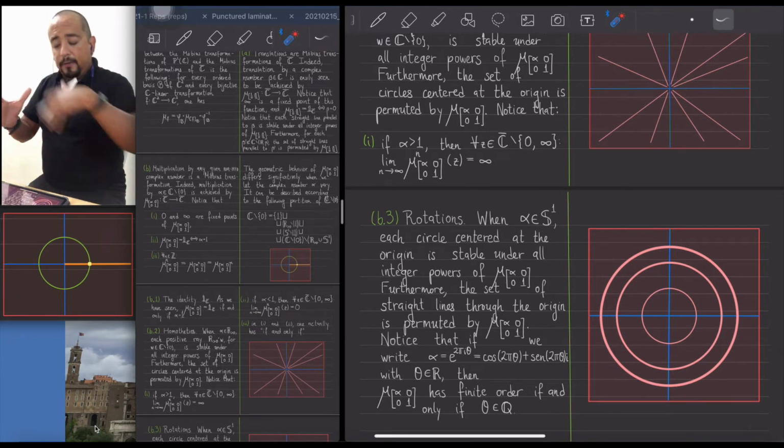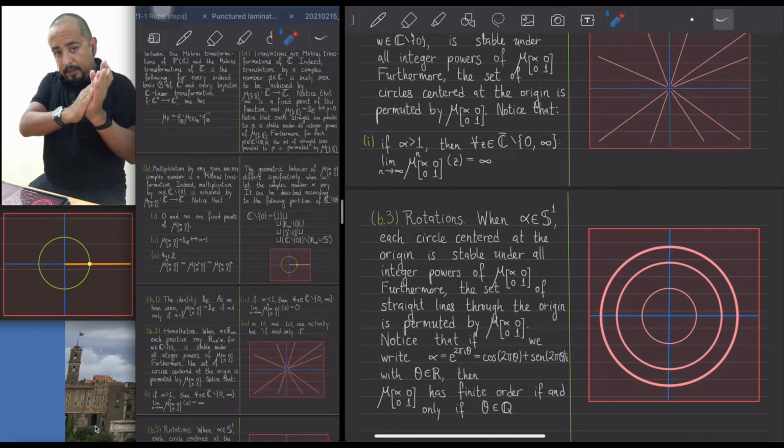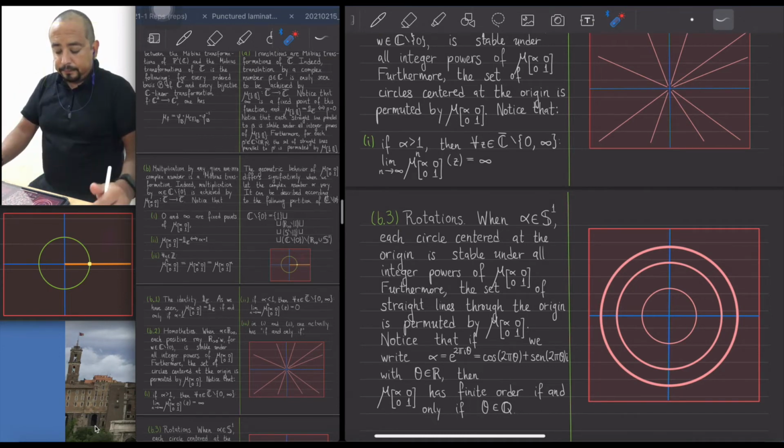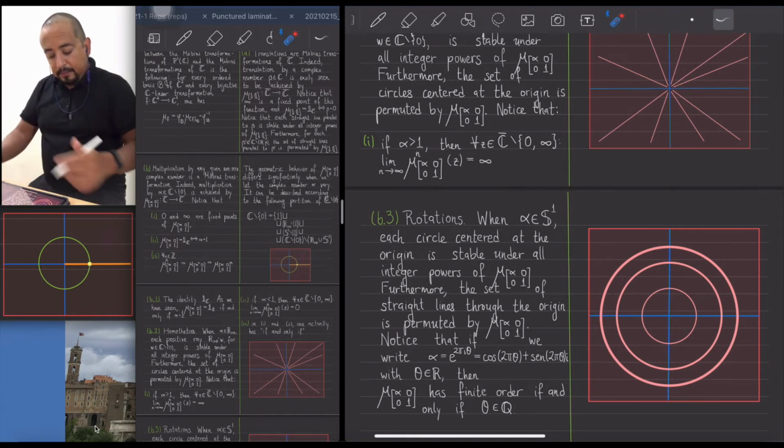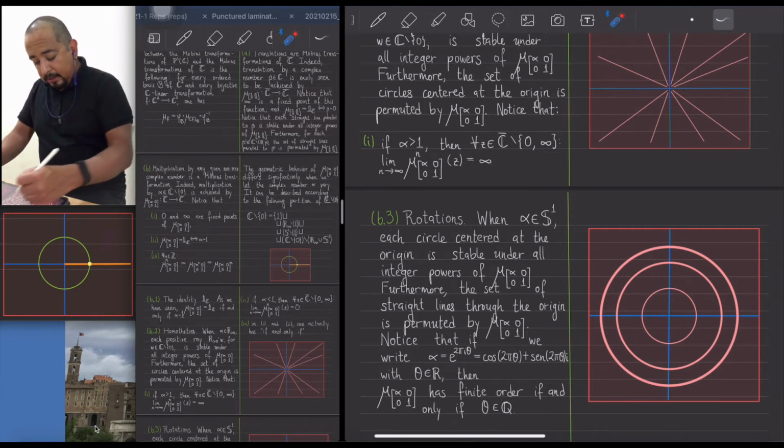Permutes the family of curves, right? In the sense that each member of the family goes to another member of the family. The image of any member of the family is a member of the family, right? And here, what I said orally was about the open rays, and what I wrote was the straight lines.